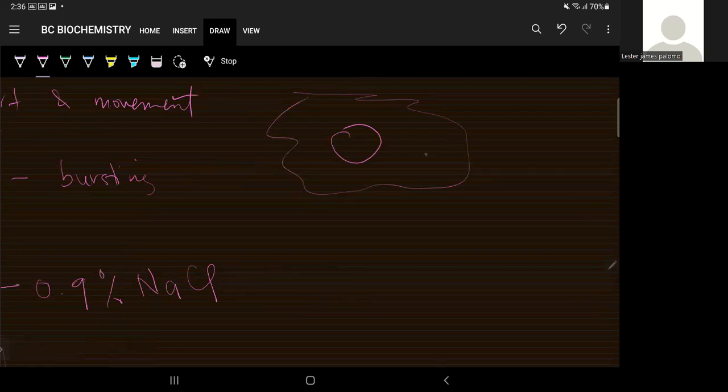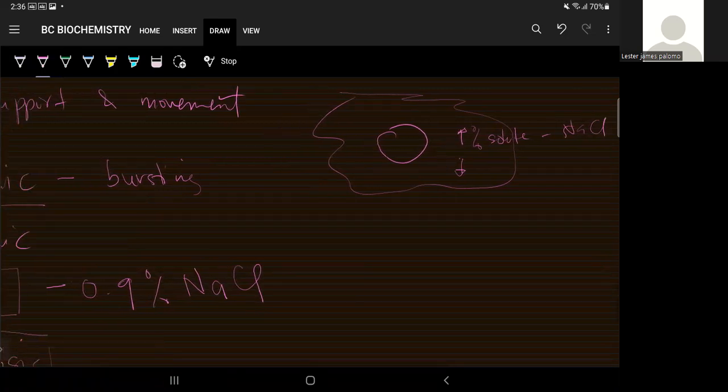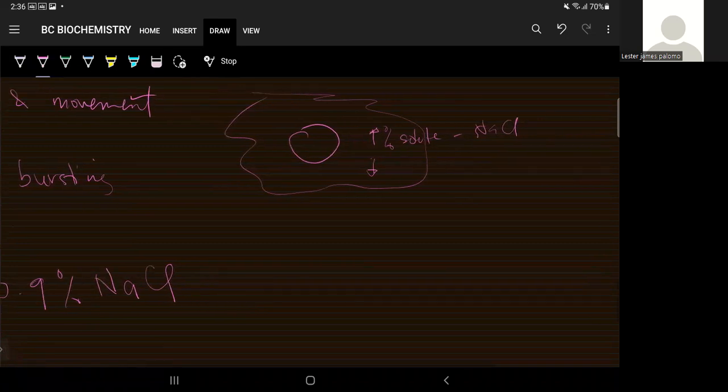So if it is hypertonic, then therefore, increased concentration of solute such as salt or your sodium chloride, and decreased water.